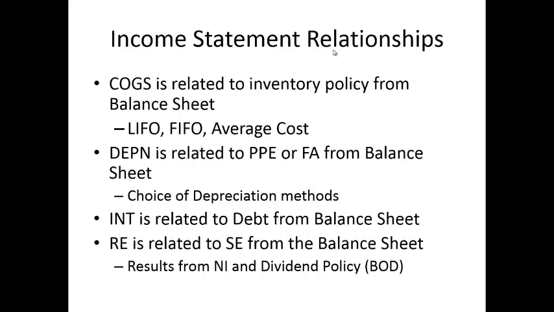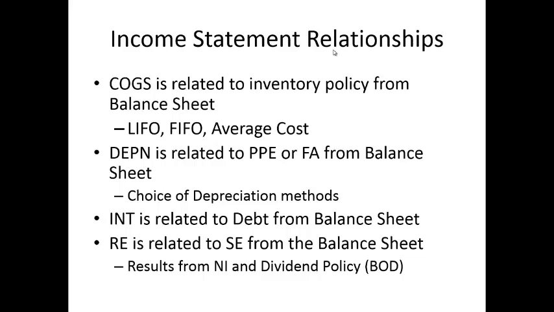And finally, as we also mentioned, the additions to retained earnings that fall at the bottom of our example income statement are related to stockholders' equity from the balance sheet, because once we retain those earnings at the bottom of the income statement, then we deposit them into the account, so to speak, on the balance sheet, and that allows us to purchase more assets because we have to make our balance sheet balance.